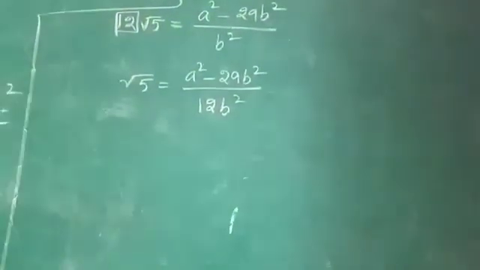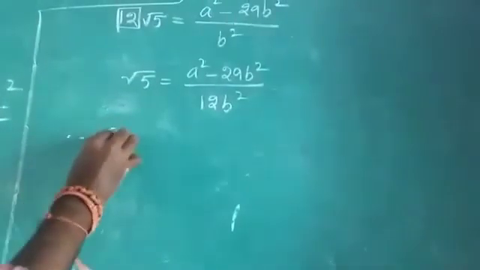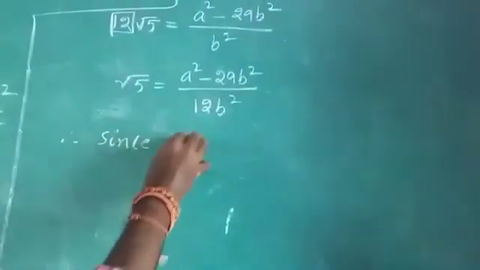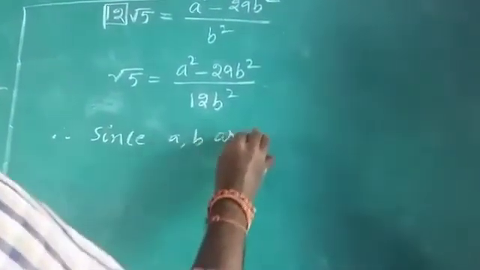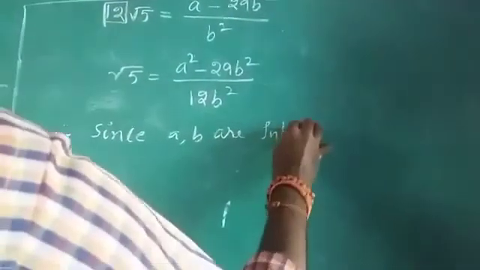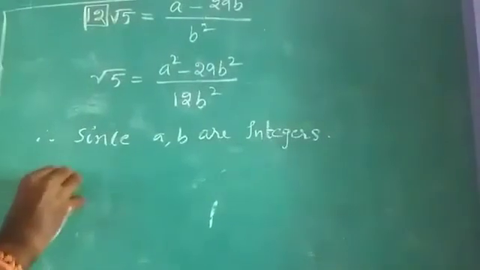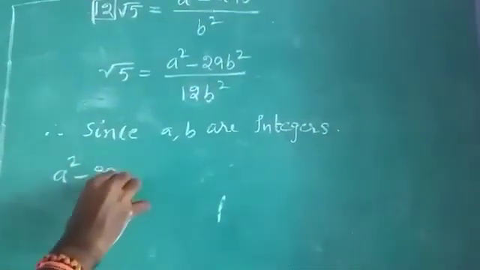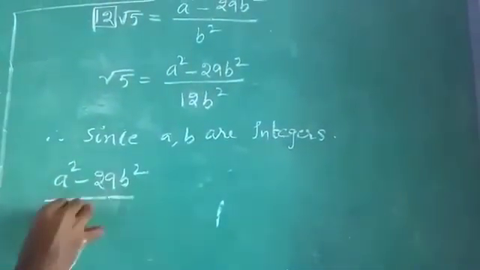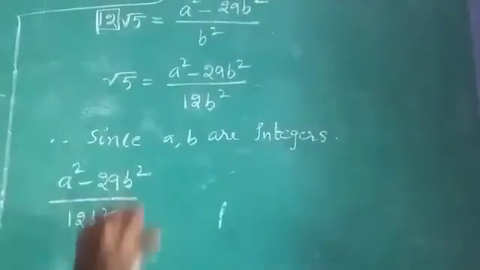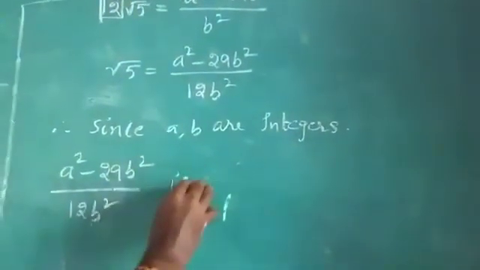Same, what you will write? Since a, b are already written in the beginning as integers, these are all integers. We know that a square minus 29 b square by 12 b square is a rational number.